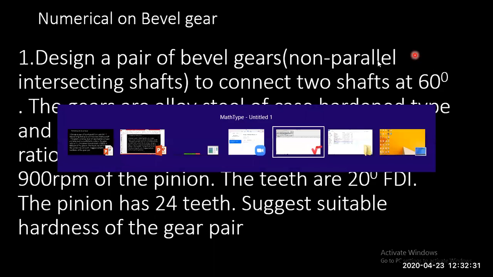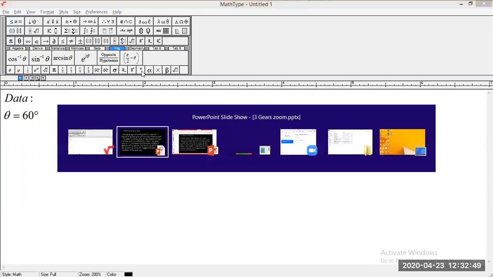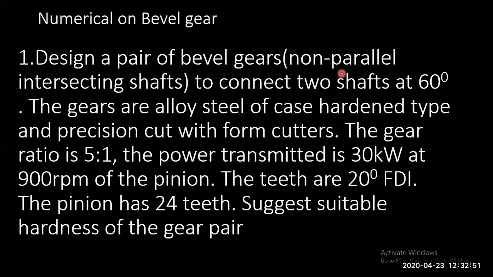The initial data given is theta, which is 60 degrees. Theta is nothing but the angle between the two shafts.